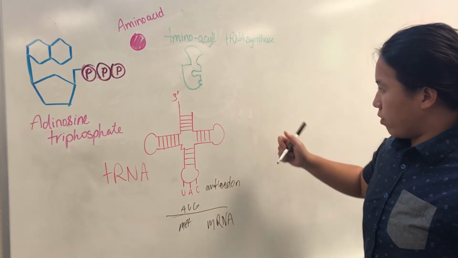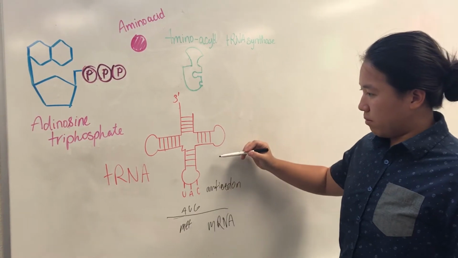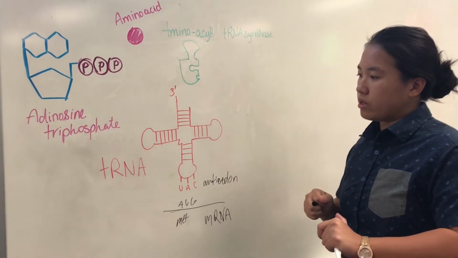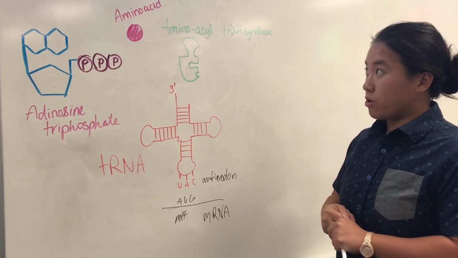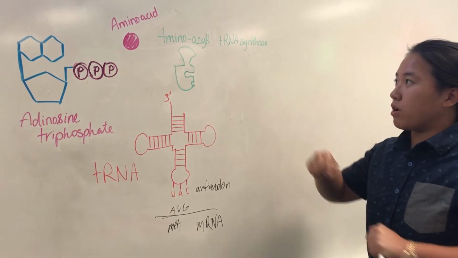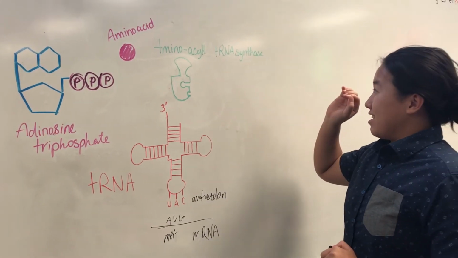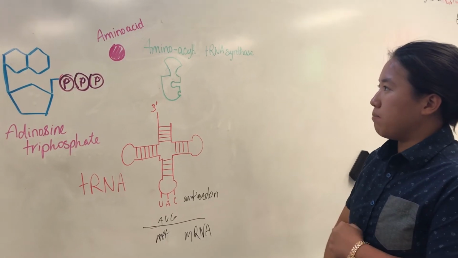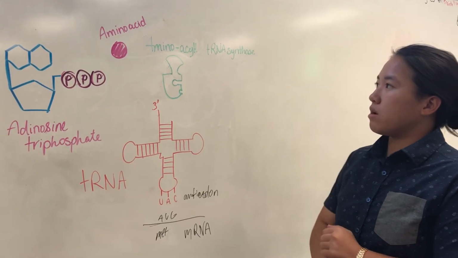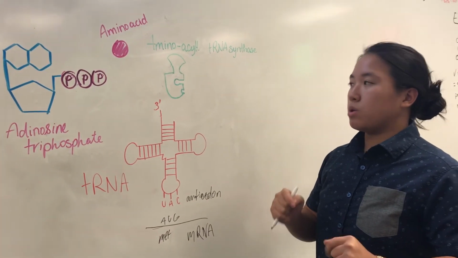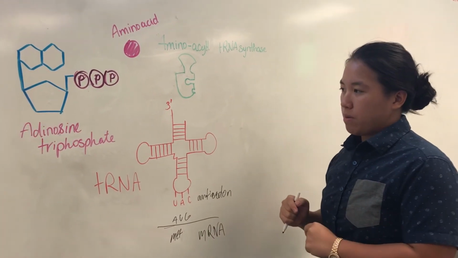Now, in order for the tRNA molecule to be used for translation, it needs to be charged. And in order to be charged, it needs an enzyme, a very important enzyme called aminoacyl tRNA synthetase. Right? This enzyme will bind with the amino acid and the tRNA, using ATP to charge the tRNA molecule.